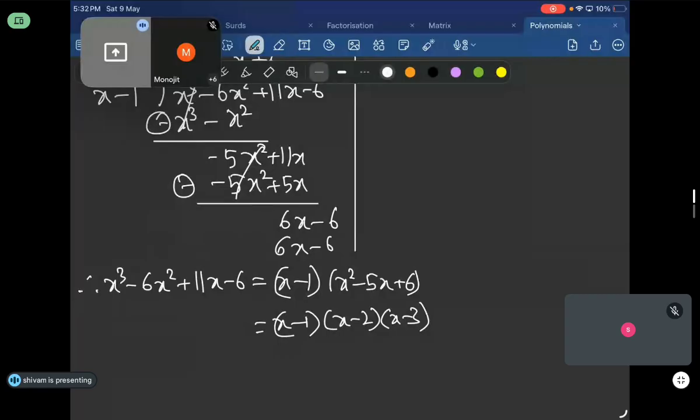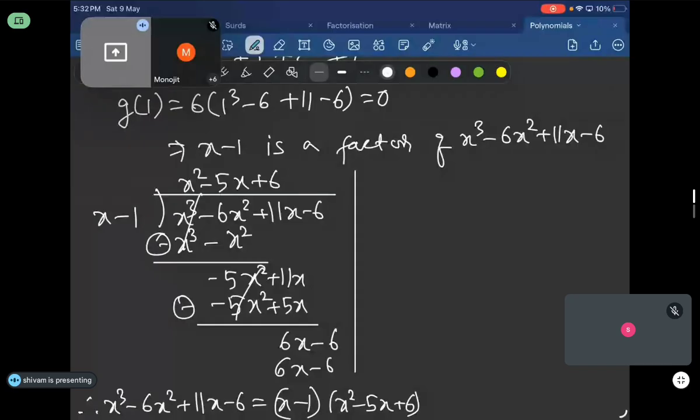Pay attention. Now you know that x minus 1 is a factor of g of x, right? After hit and trial method, you know that x minus 1 is a factor. What you do is, you group the terms in such a way that you can factor out x minus 1.